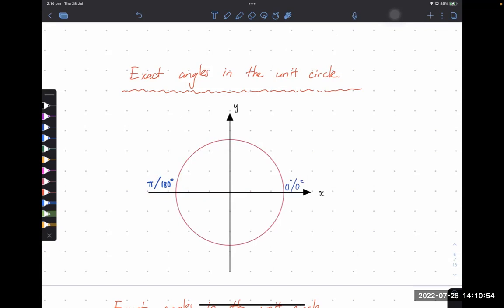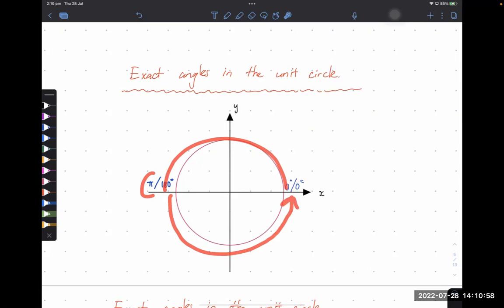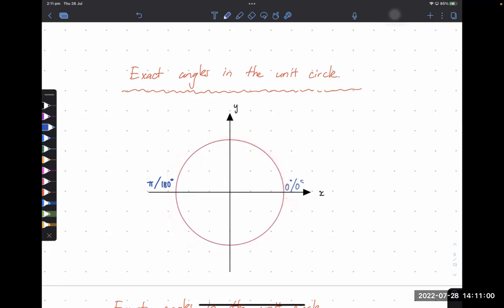Okay, so if we have a look here, this is 0, this is halfway. If we go full circle, then we're going to come back around to, it's not pi anymore, it's 2 pi. Okay, so whereabouts is 5 pi located? I would go 1 pi, 2 pi, 3 pi.